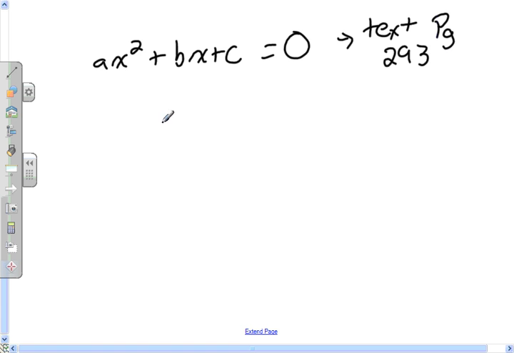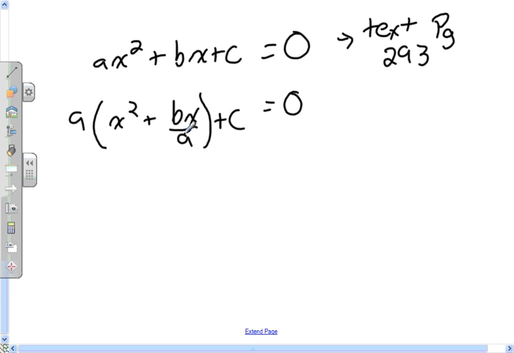Very first step, when completing the square, we need to divide the first two terms by what? Anyone remember? By a. So I take a out, and I'm left with x squared plus bx over a plus c. So I've divided both of those terms by a.